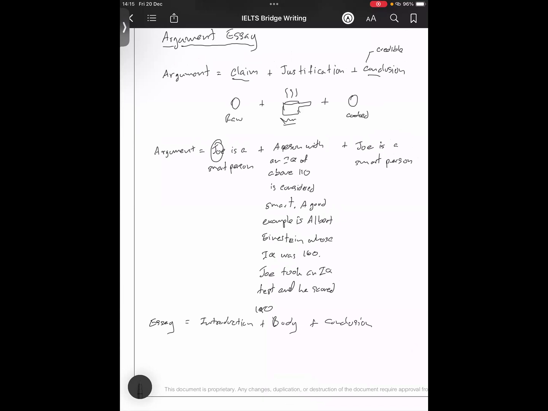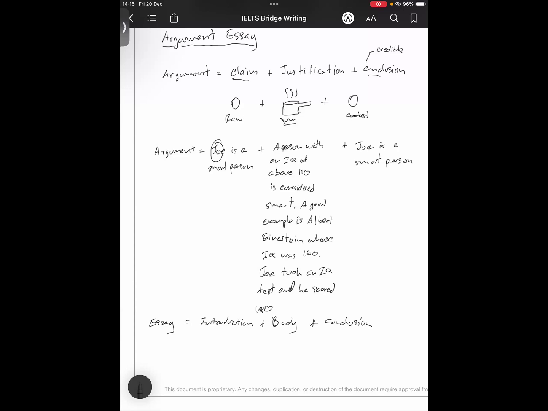So what is introduction? So introduction is a paragraph that gives you an overview of what the rest will be about. Body paragraph is a section where a claim that is present in the introduction is developed and justified. And conclusion serves as memory refreshing.